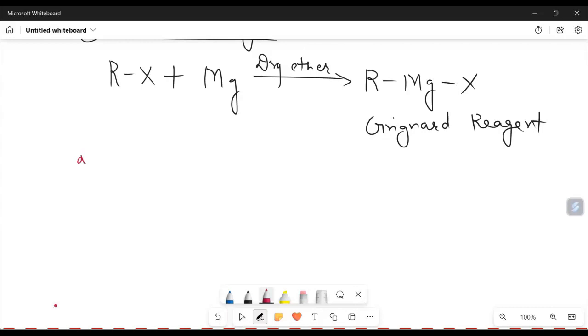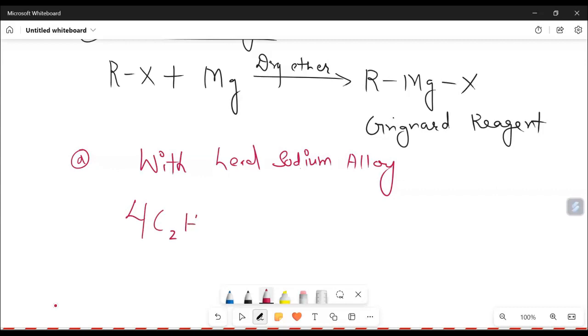The fourth reaction, you can consider the D part, with alloy. Which alloy? Lead sodium alloy. The fourth reaction is lead sodium alloy. For example, we are directly writing the example in it. 4 moles of C2H5Br, this is your bromoethane, reacts with 4 Pb, but it is an alloy, so you have to write down Na also.